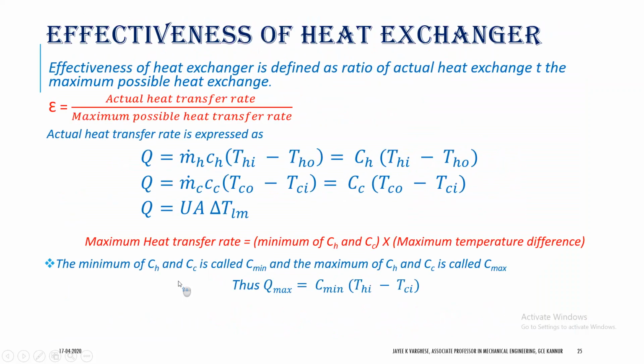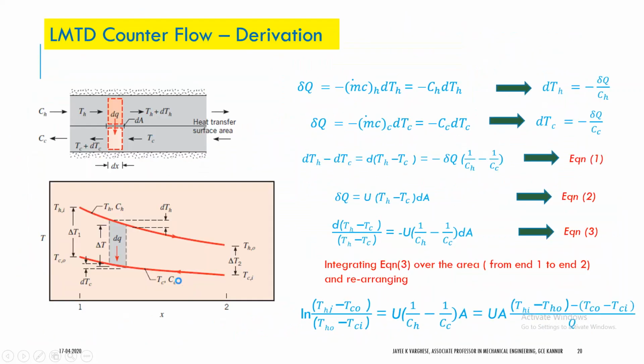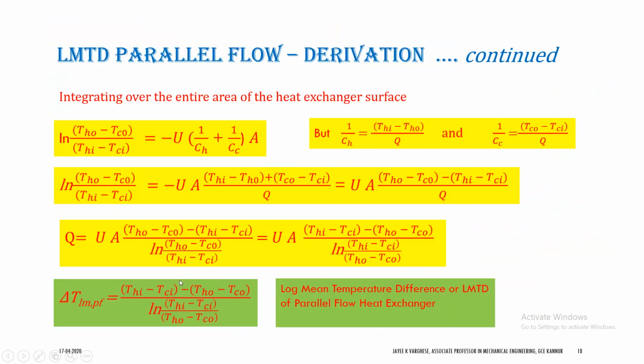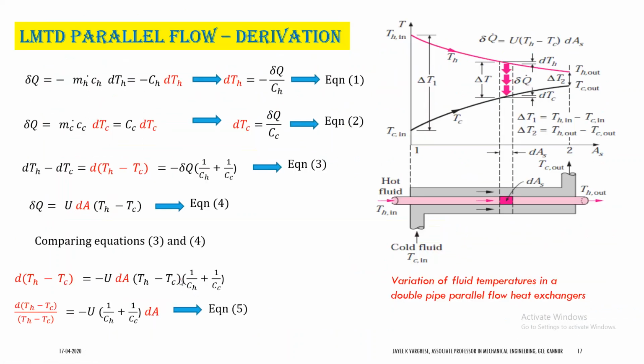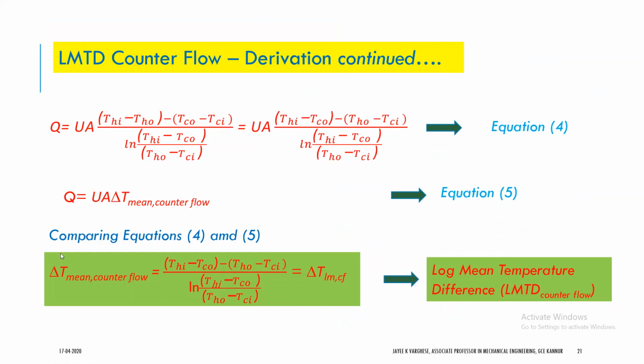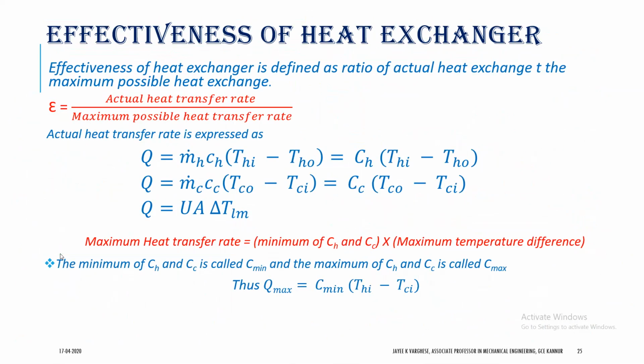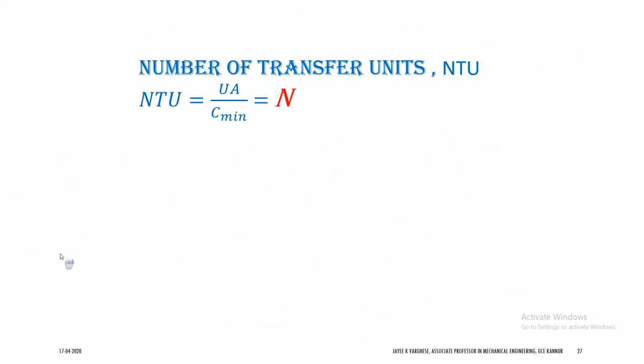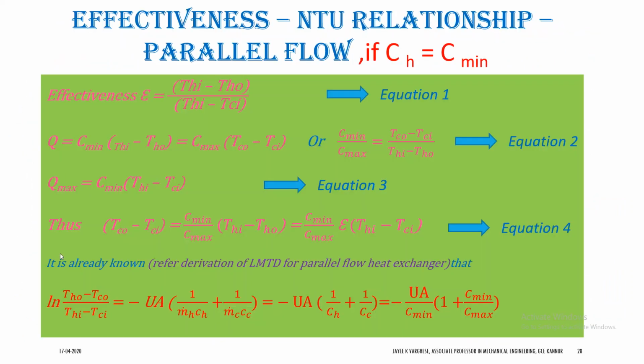If you want, we can go back to the previous slide, the derivation of LMTD for the parallel flow heat exchanger. ln of THO minus TCO divided by this relation.